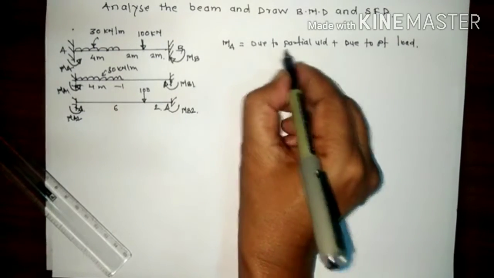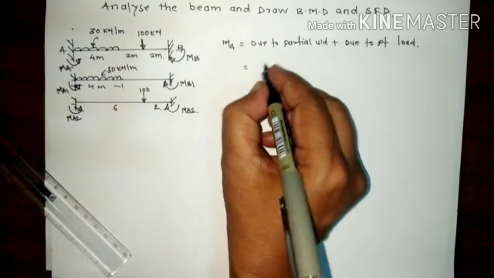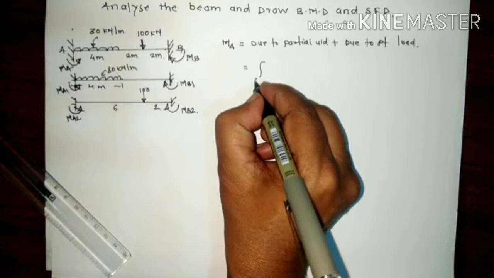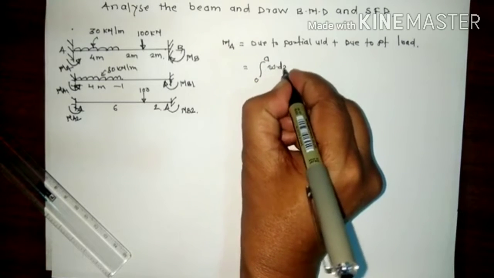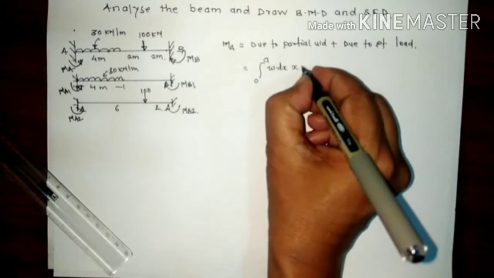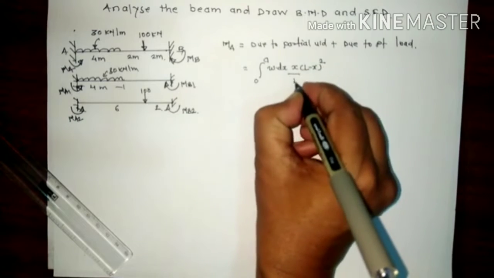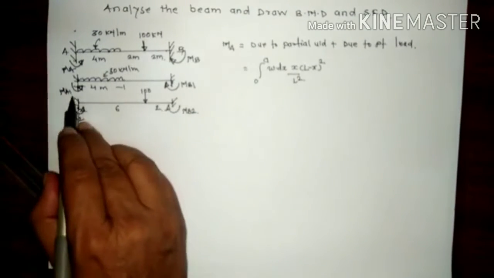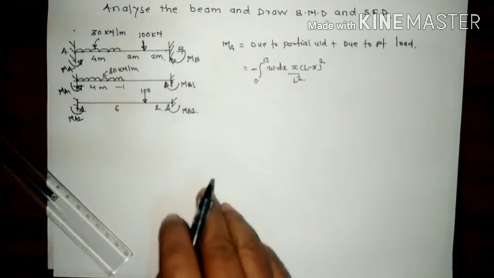Now, due to partial UDL, we know the formula, that is integration 0 to a, w into dx into x into (L minus x) square divided by L square. Now, because of this hogging bending moment, we consider this sign as negative.